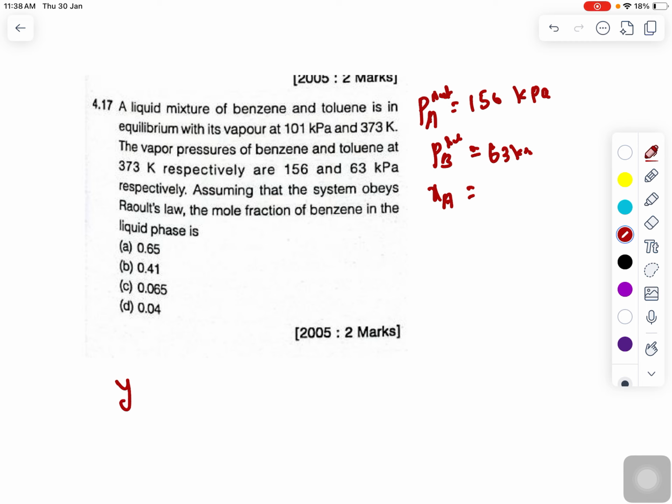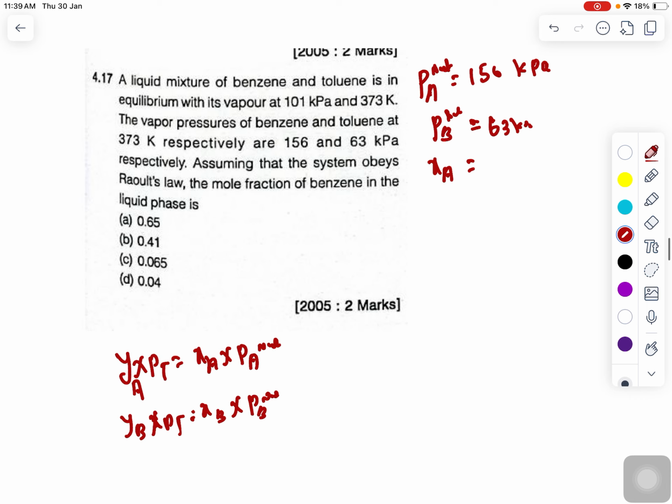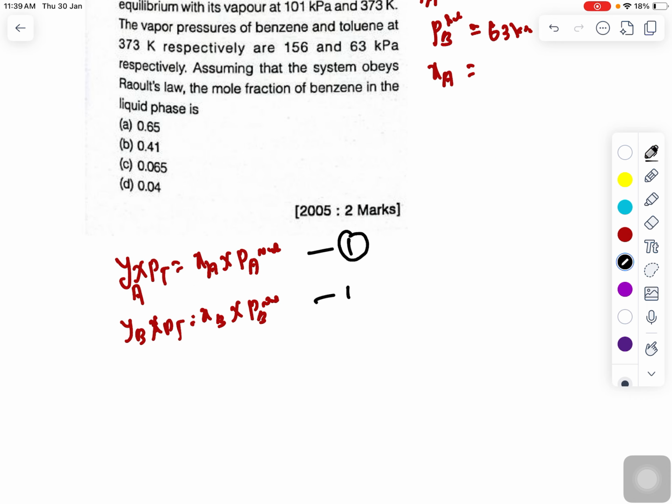So if you write yA into PT is equal to XA multiplied with PA sat, and again yB into PT is equal to XB into PB sat. So if this one is equation first, this one is equation second.